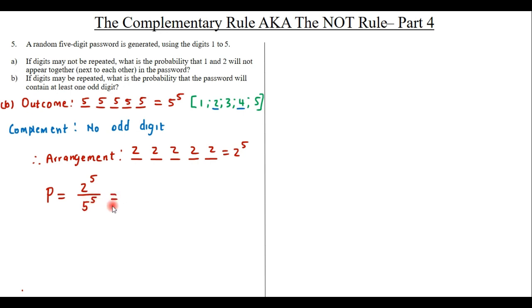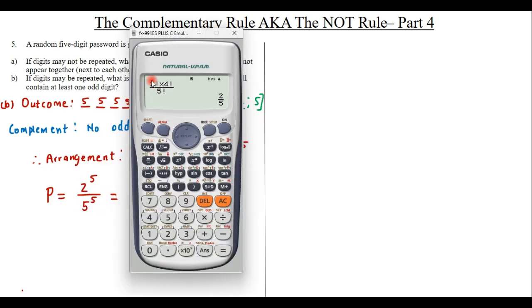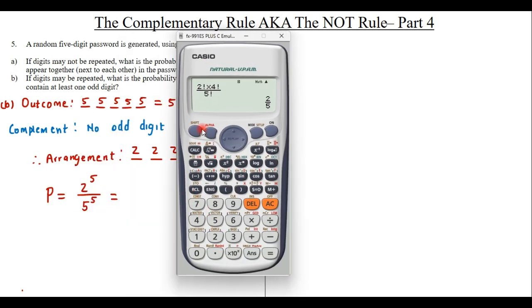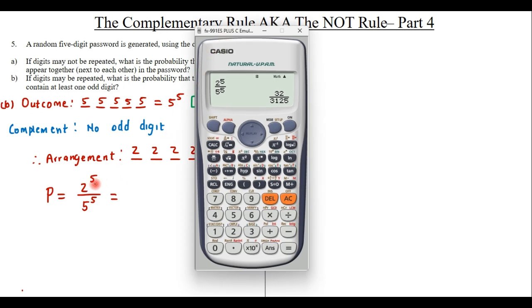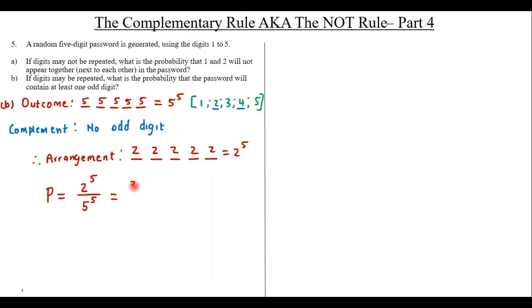Going to our calculator, we get 2 to the power 5 over 5 to the power 5, then we get 32 over 3125.